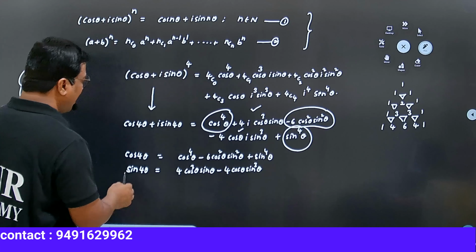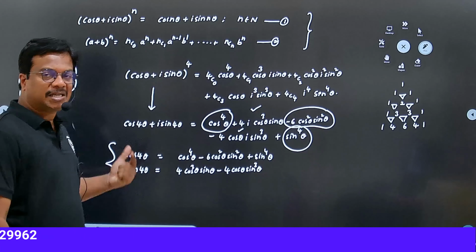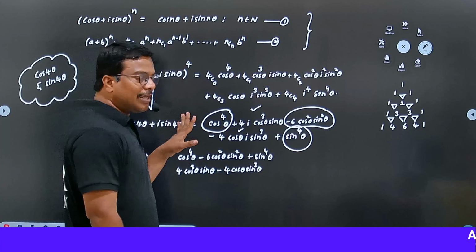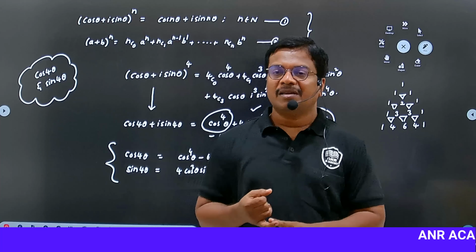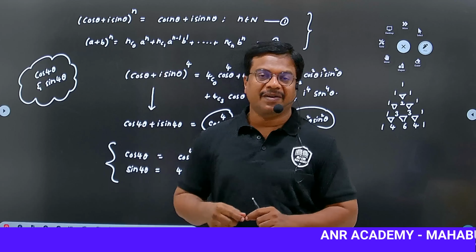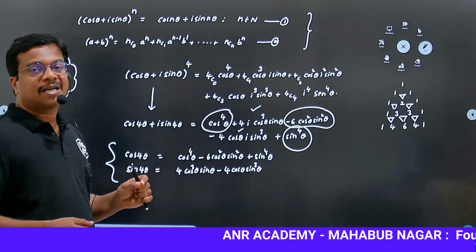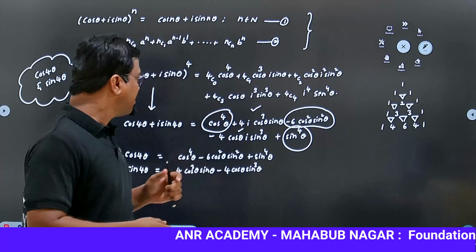On comparing real and imaginary parts, you got the values of cos 4 theta and sin 4 theta. So in this way you can easily find multiple angle formulae when large numerals are given. Let us discuss how to find cos 6 theta next.